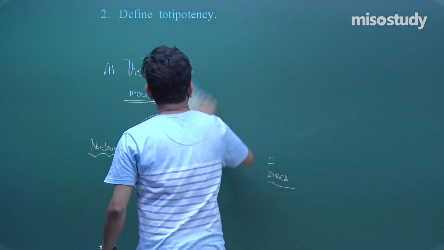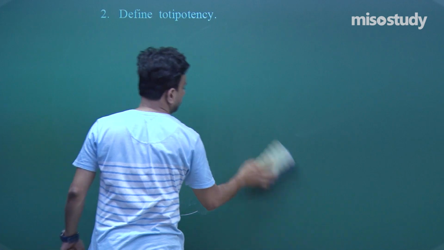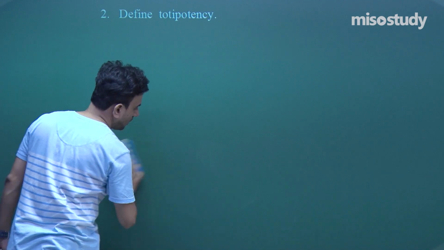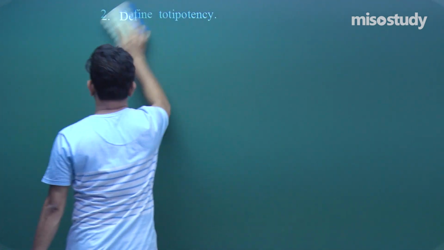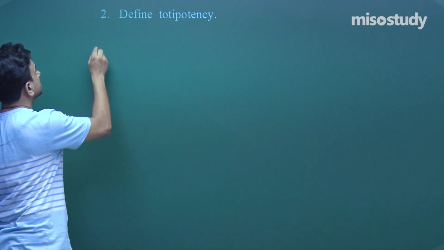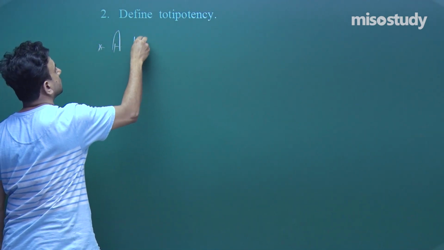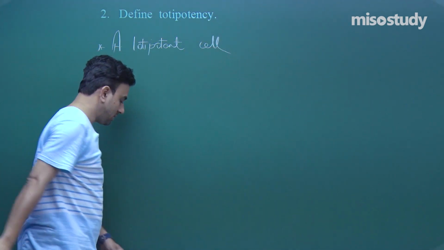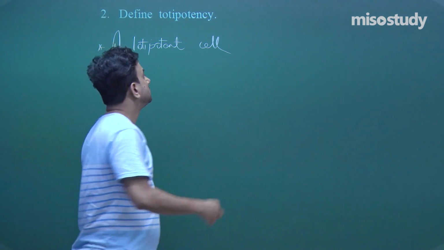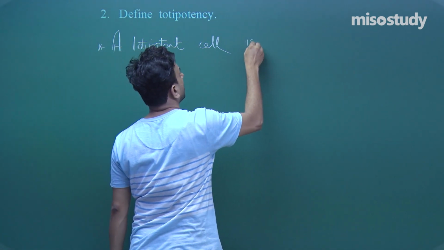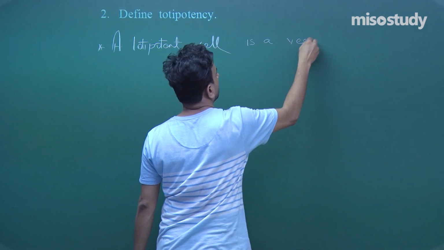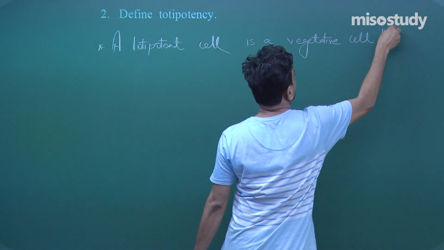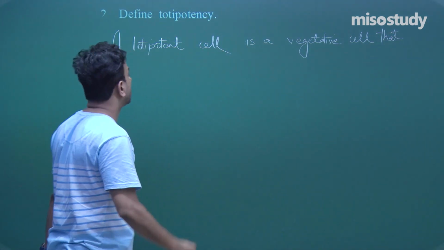So a totipotent cell is a vegetative cell that can grow completely, right?